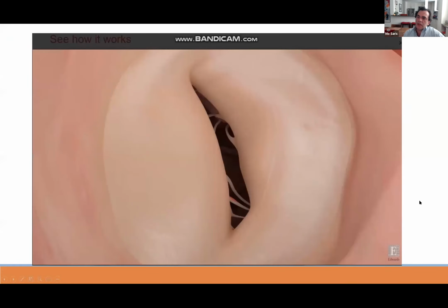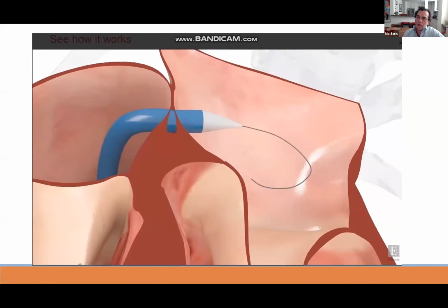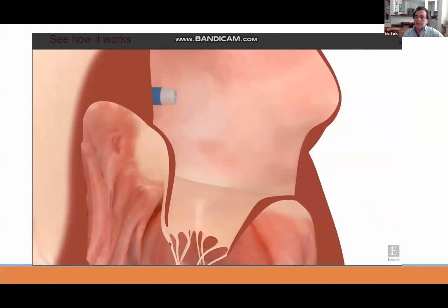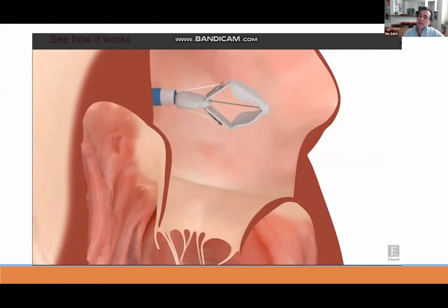Let me show you in a clip. There is a transseptal puncture, just as with MitraClip. You advance the guide catheter and the wire, then you remove the wire and dilator from the guide catheter, and through the guide catheter you advance the Pascal system. You see that it's a long system, so it's allowed to go through the relatively narrow catheter.